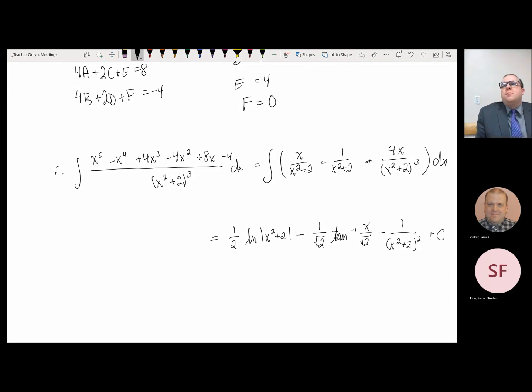Questions on partial fraction decomposition? That's how we go. 4x over x squared plus 2 cubed is u sub and then power rule, yes.